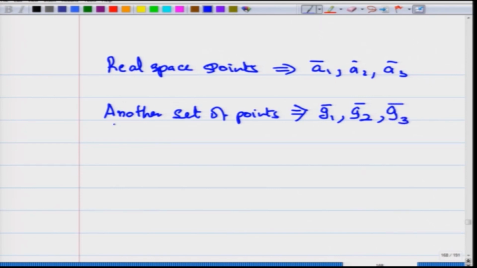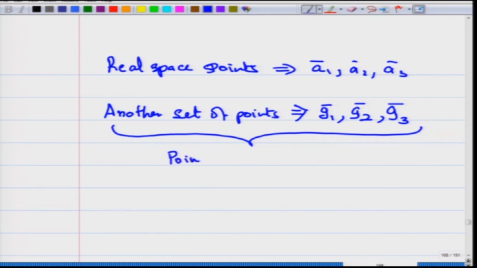The points which are generated using this are called the points of the reciprocal lattice. This is a very important concept, that corresponding to every crystal you have a real space lattice, and corresponding to every crystal you can also do another geometric construction where you can define the reciprocal space lattice G1, G2 and G3.